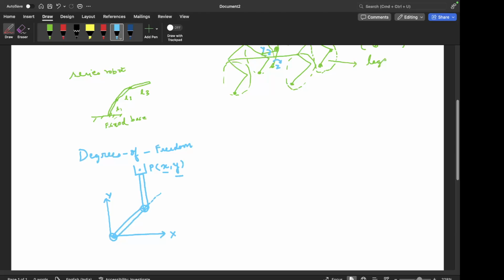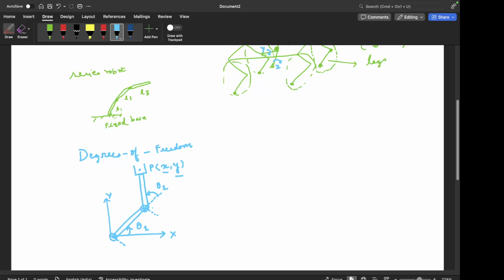Let's say for this case both are revolute joints. The first joint can move like this, and let's say the angle is given by theta 1, and the second joint is able to move like this and the angle is given by theta 2.